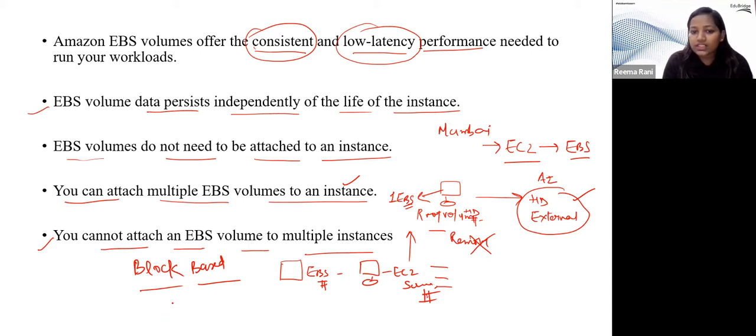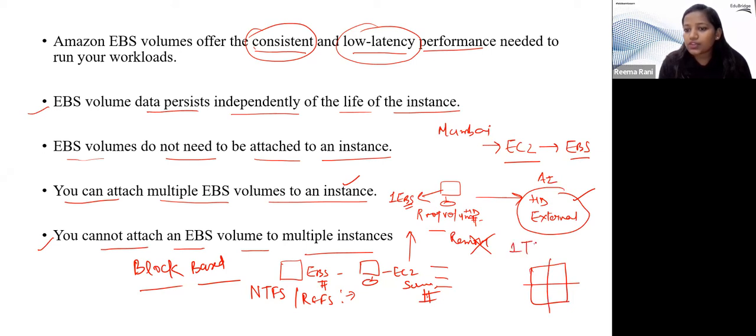So now, nobody asked me, it is called block-based or block storage. Okay, block storage means just like your hard disk, it is having a partitioning or a file system. Okay, it is NTFS or ReFS. It's up to your system and its requirement. Okay, and blocks. If you are having 1 terabyte of space, you put a file system on that, and then the formatting is done.